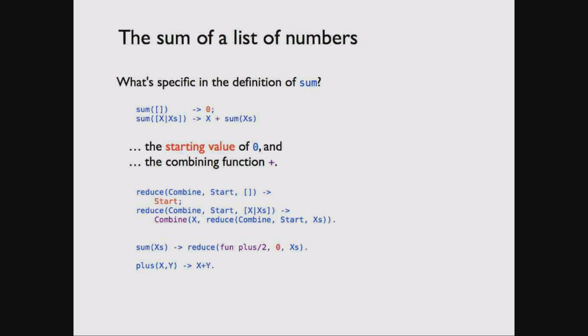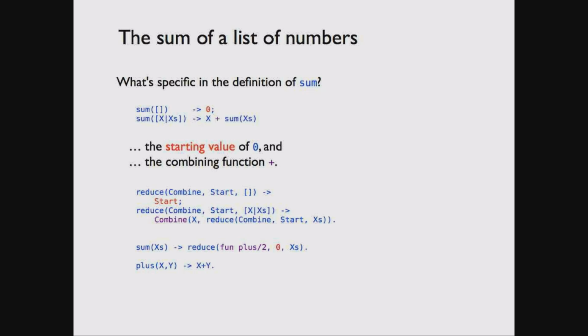And then we can redefine sum here as reduce applied to the fun plus, the functionality 2, so it combines values together, 0 and the list x's. Now in these three examples I've applied the higher order function to a named function.